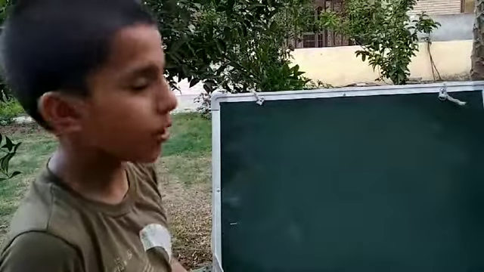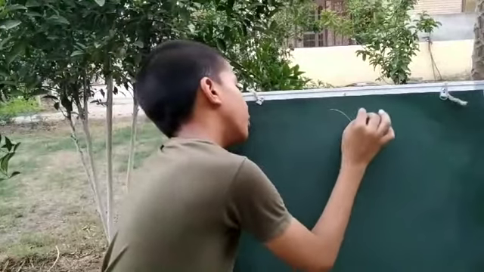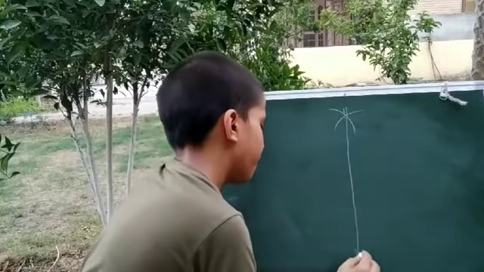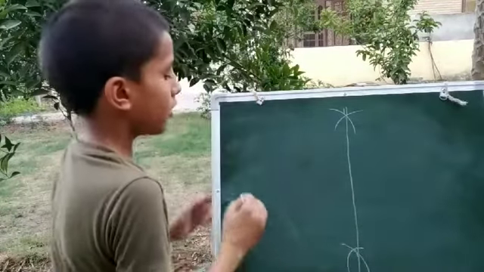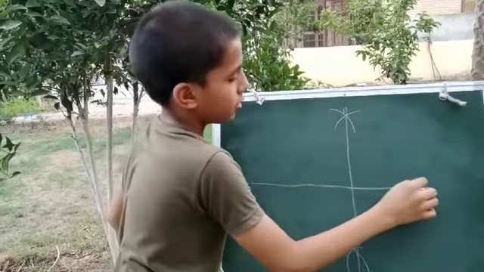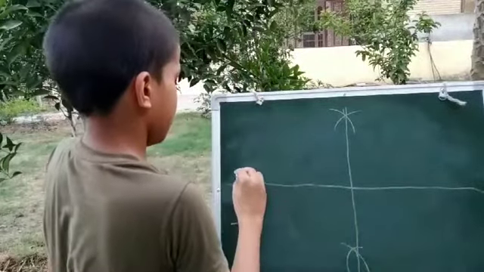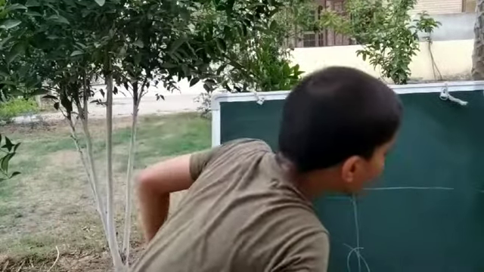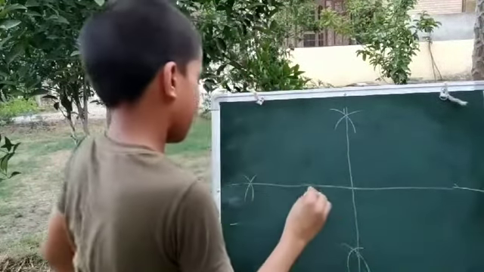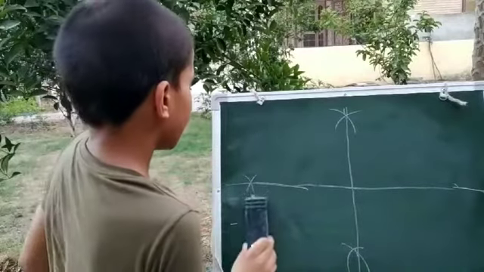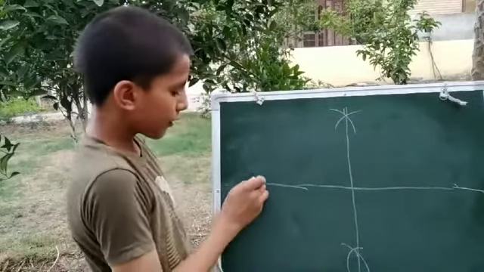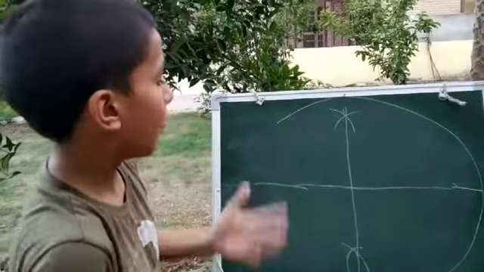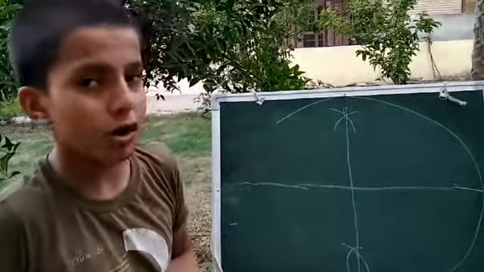What is the meaning of perpendicular? For example, I draw a line like this, and I take another line here, like this. This shape we mostly see in mathematics textbooks or in geometry.